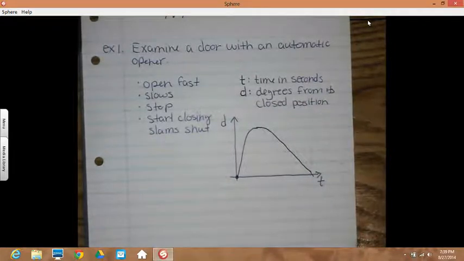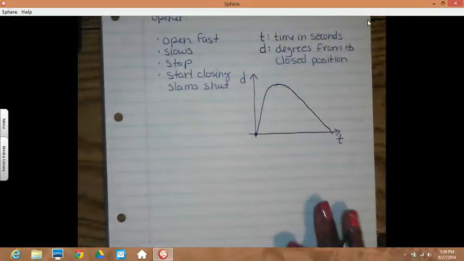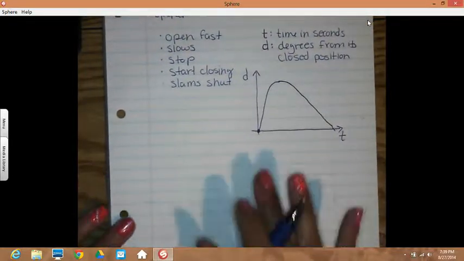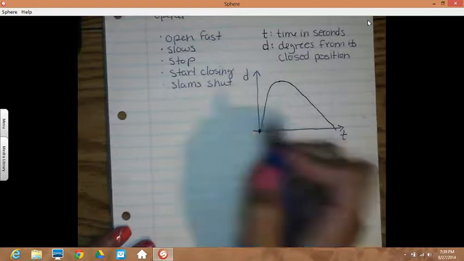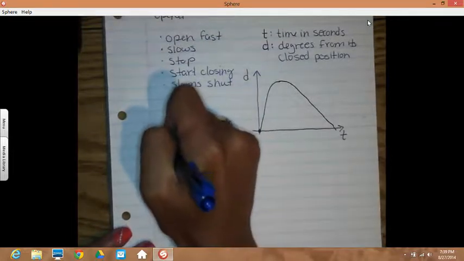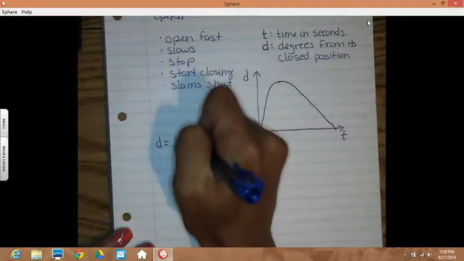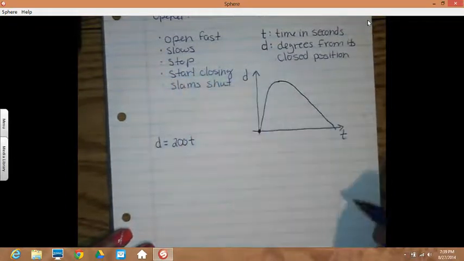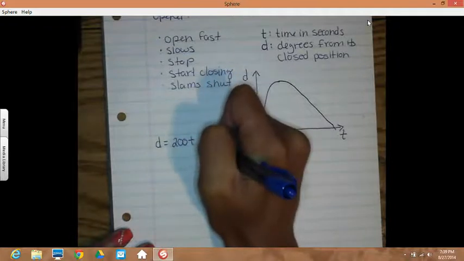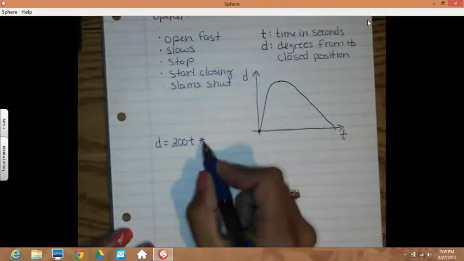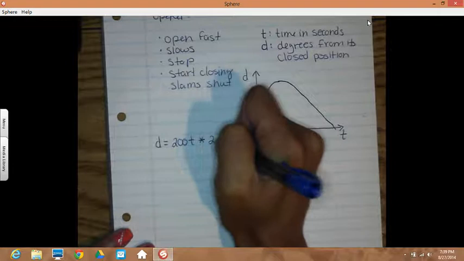Well, I'm going to give you the equation for this particular door opener. The equation is the degree of the opening is equal to 200 times t times 2 raised to the negative t.